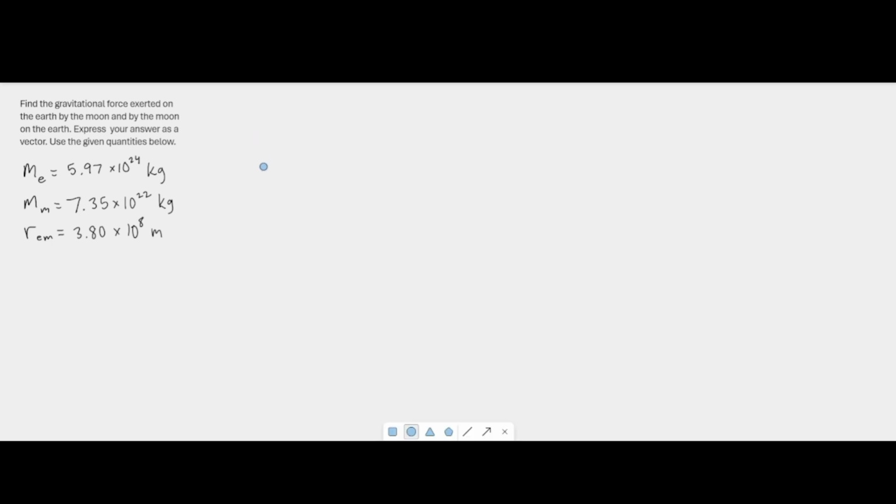So let's start with a picture. We're asked to express these answers as vectors, so we're going to have to define some directions. I'm going to start with the Earth, and then draw a smaller body over here to the right, and this will be the moon. Obviously the moon is smaller.